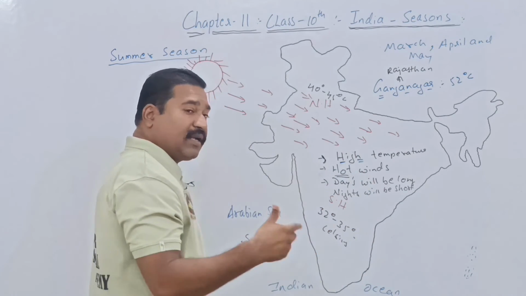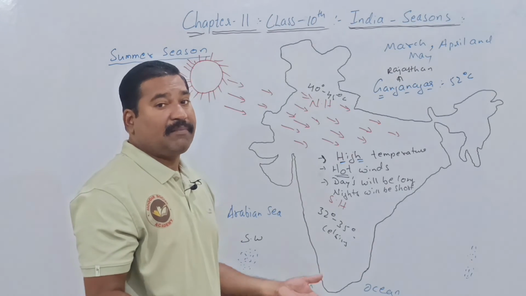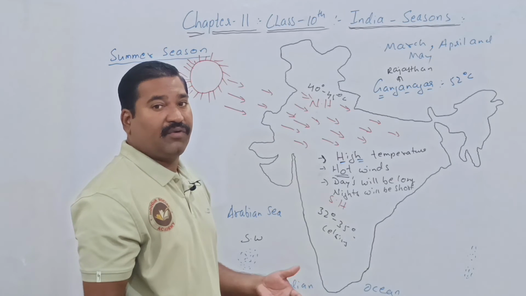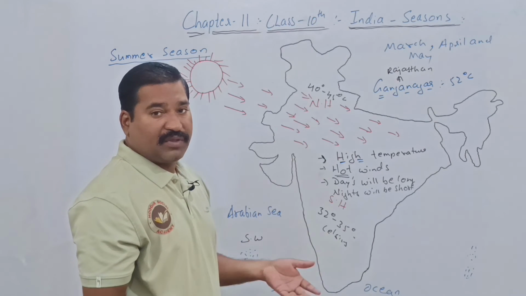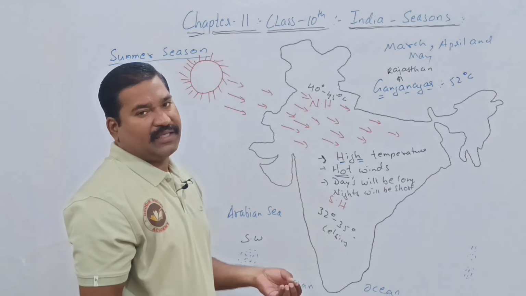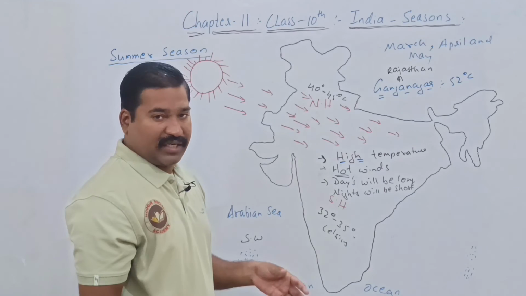Days will be long, nights will be short, and in some places, due to condensation, rainfall occurs with too much lightning, giving temporary relaxation for 5 to 10 minutes in the climatic condition.